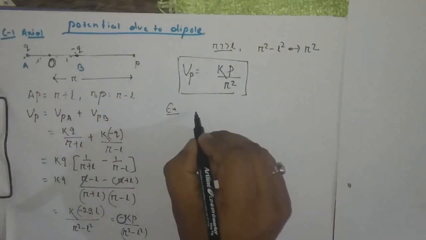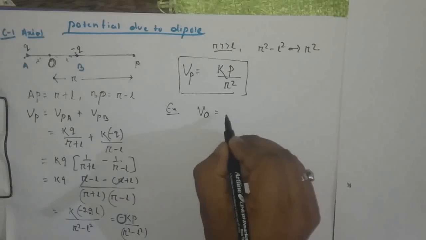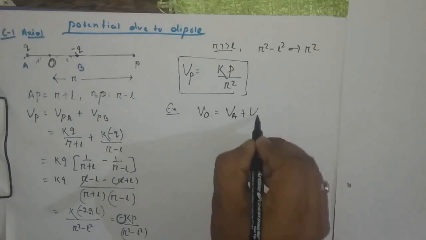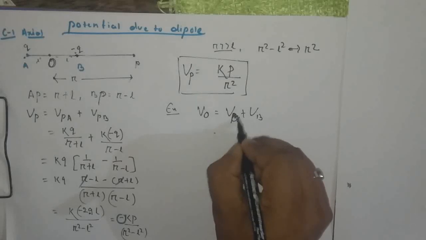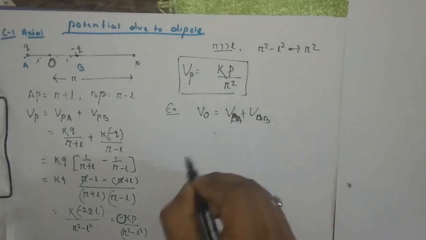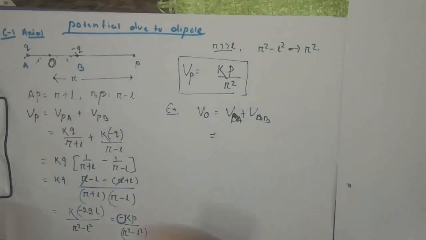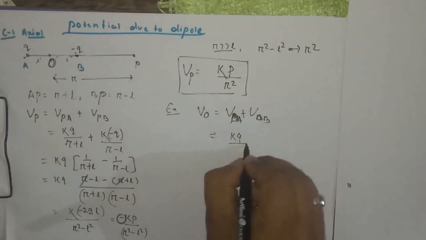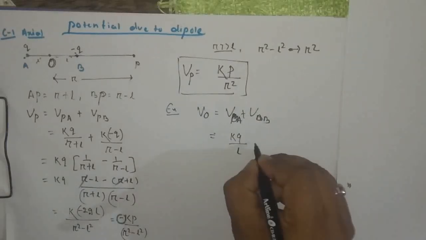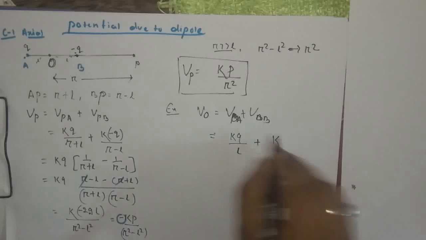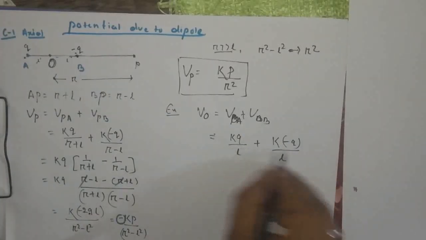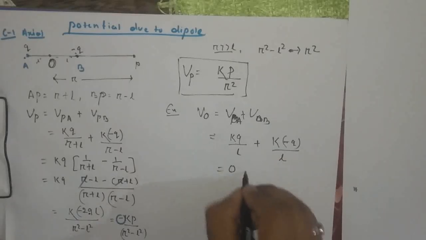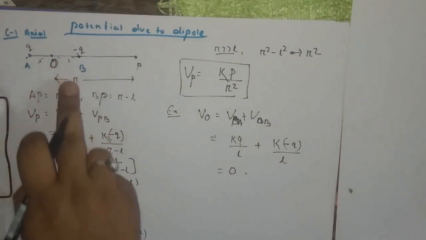I am writing potential at O, that is potential at A plus potential at B. Potential at O due to A is plus Q by L, and due to B is minus Q by L. All same, plus minus, that's why 0. So at the center the potential is 0.